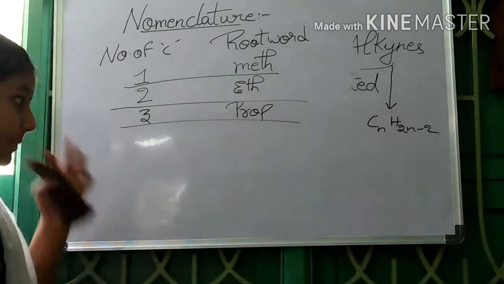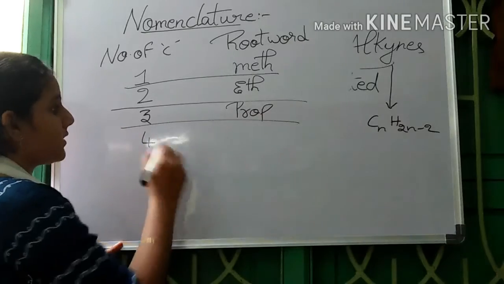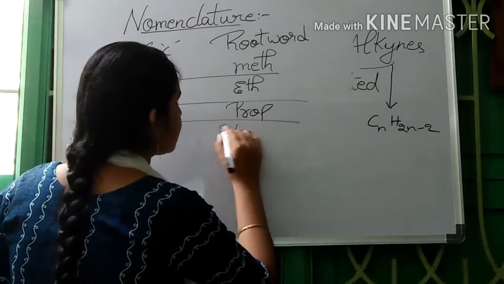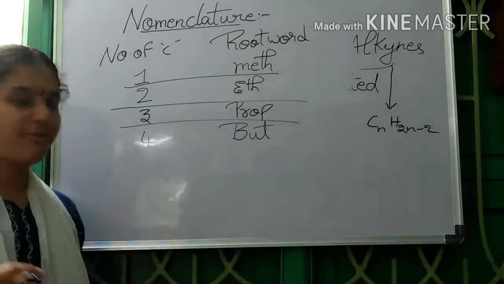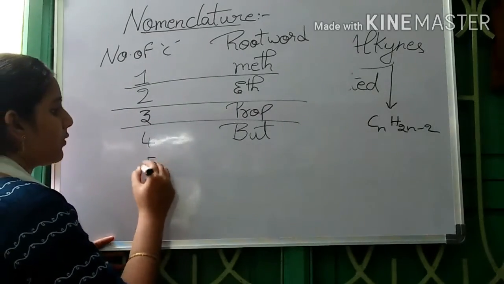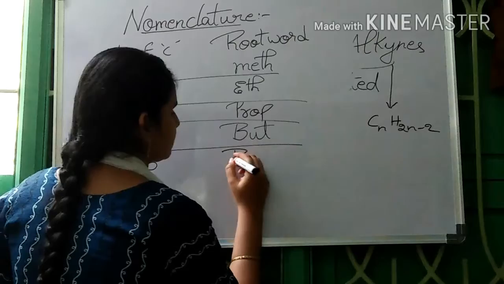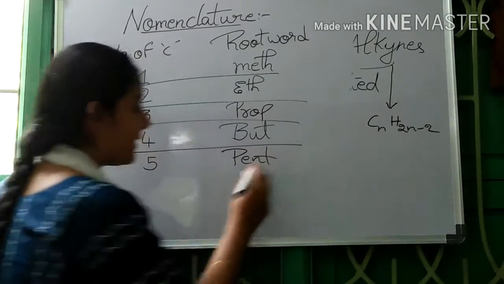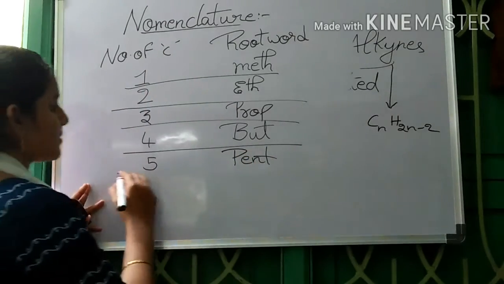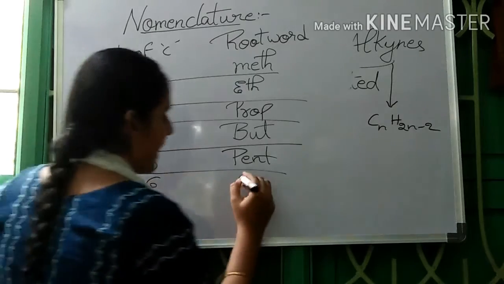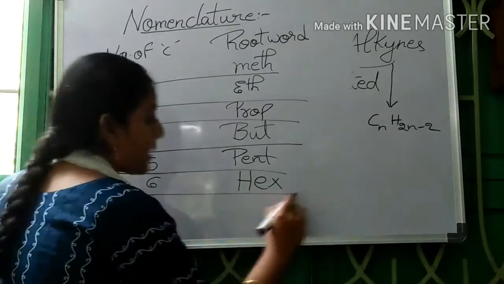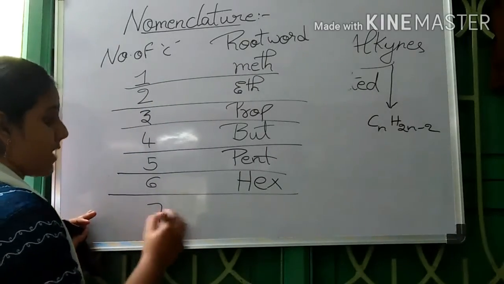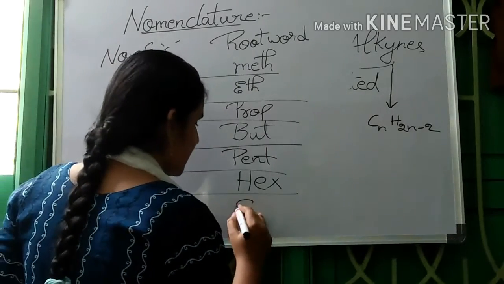If the number of carbons is 4, the root word will be but. If 5, it will be pent. If 6, hex. If 7, hept.